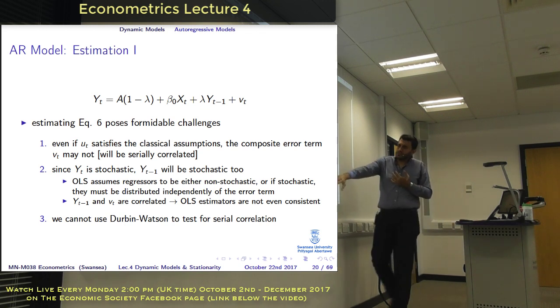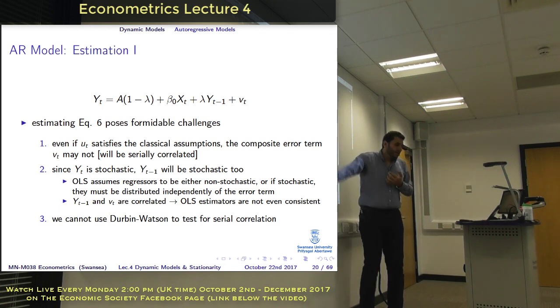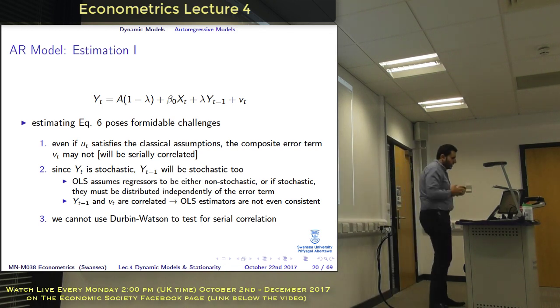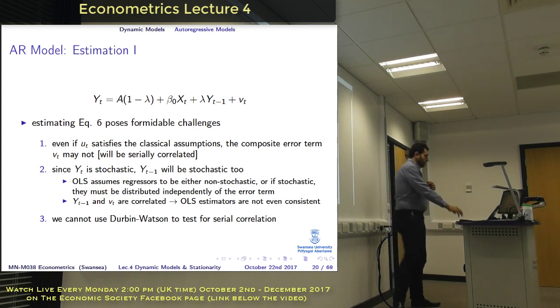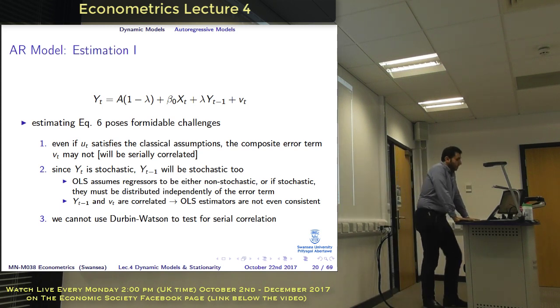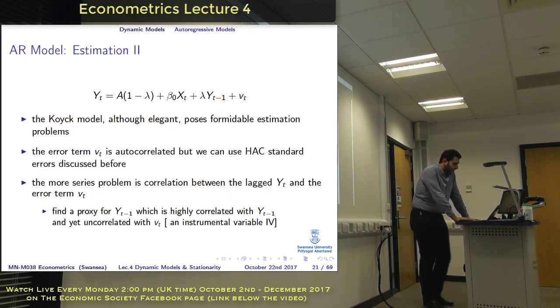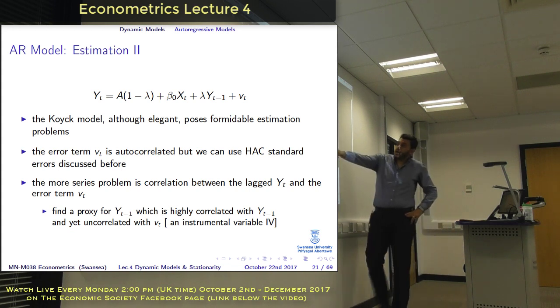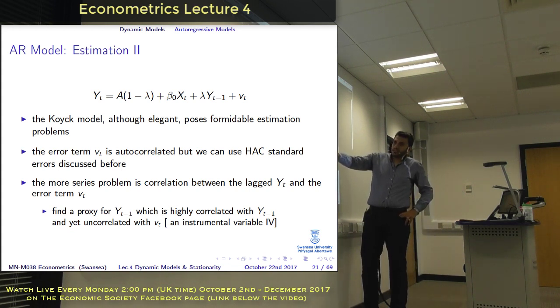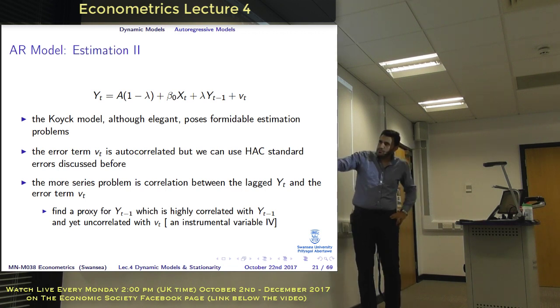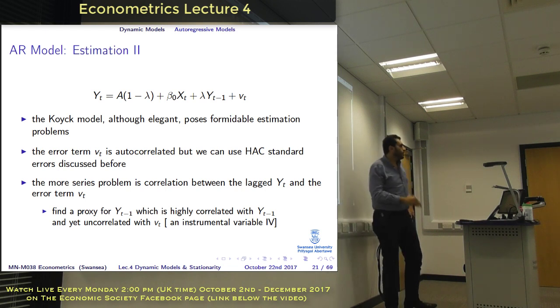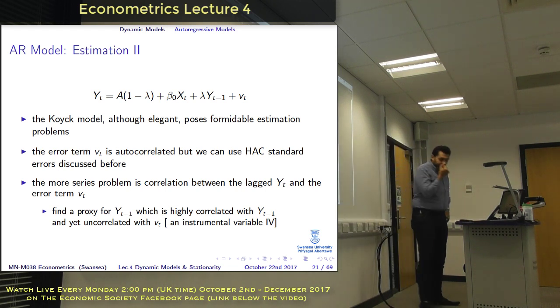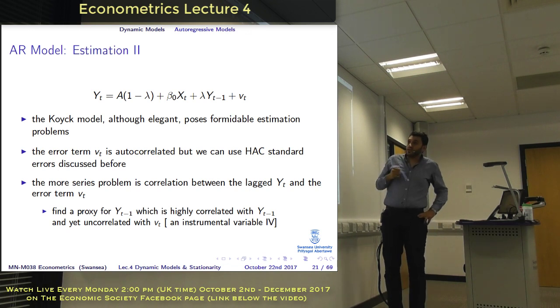The first one, related to serial correlation, is not really a key problem, but this is the main problem. So you could use heteroscedasticity and autocorrelation consistent standard errors. This is something we discussed before to deal with the first problem. And the more serious problem is with YT minus 1, because it is likely to be correlated with the error term.